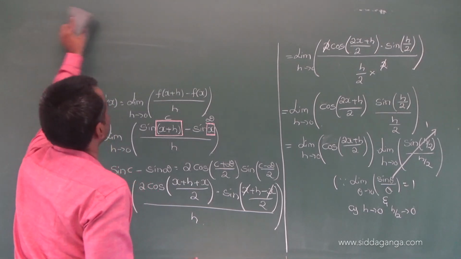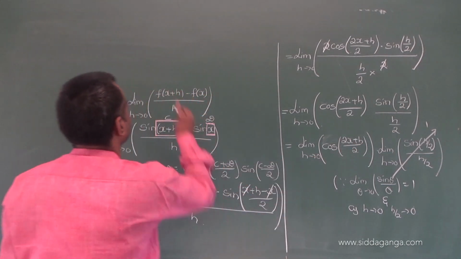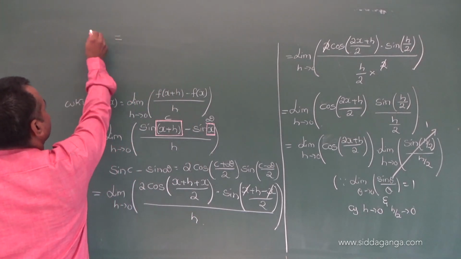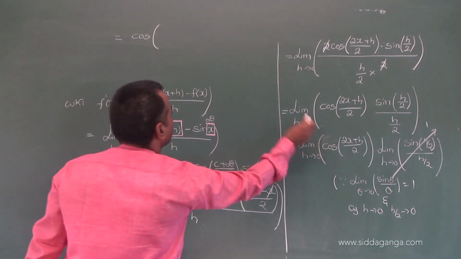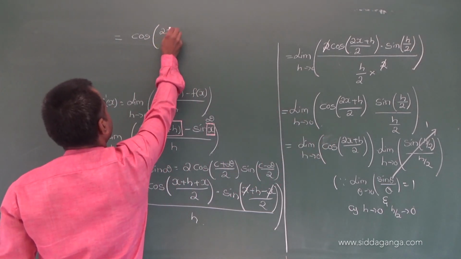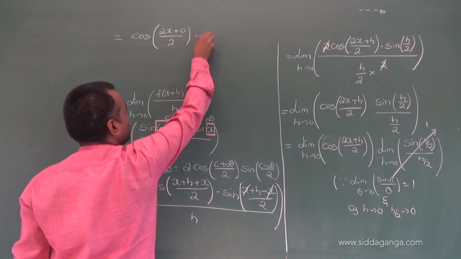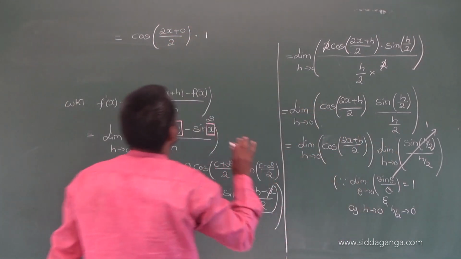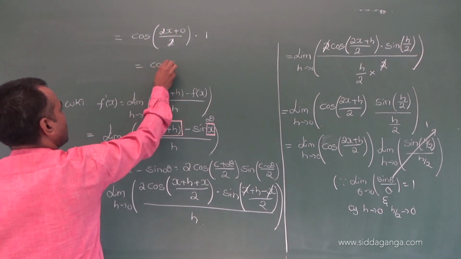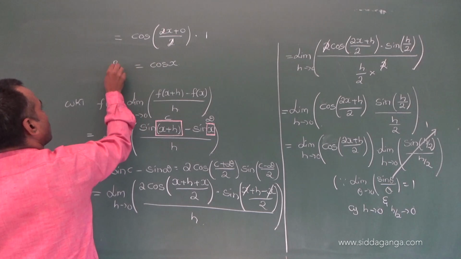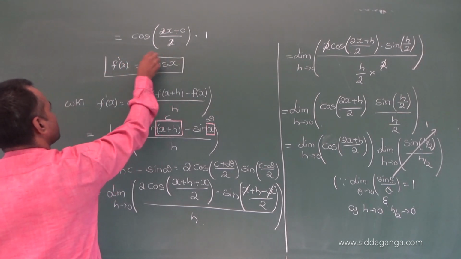So wherever h is, we apply 0. That is equal to cos of 2x plus 0 divided by 2 into 1. 2 gets cancelled. The answer is cos x.